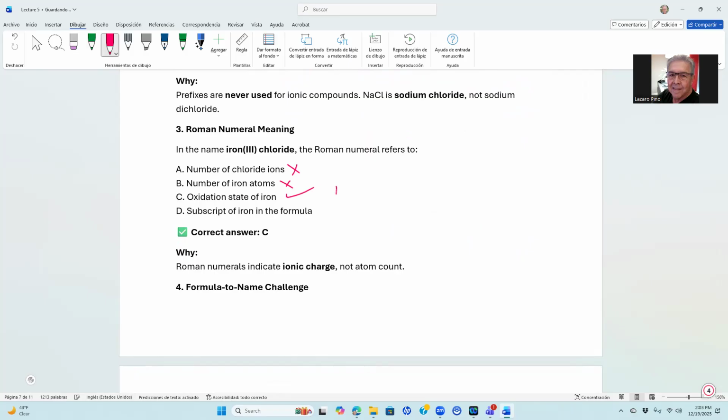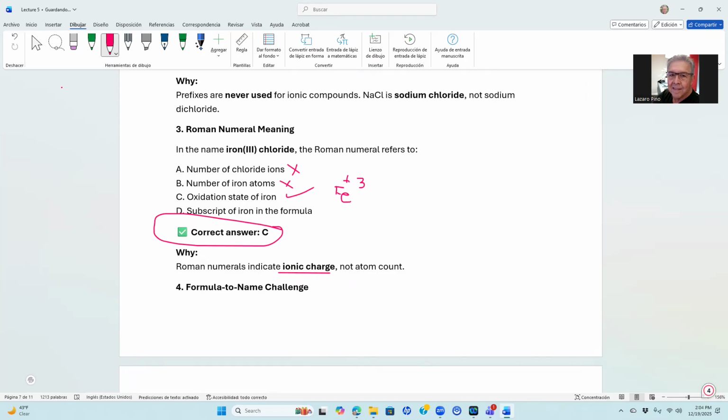Yes, because in this case it is iron 3+. Subscript of iron in the formula? No. So the correct answer is C. Why? Because Roman numerals indicate the ionic charge, not atom count.